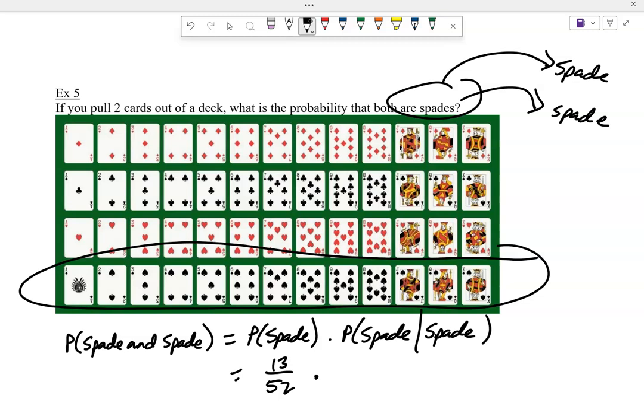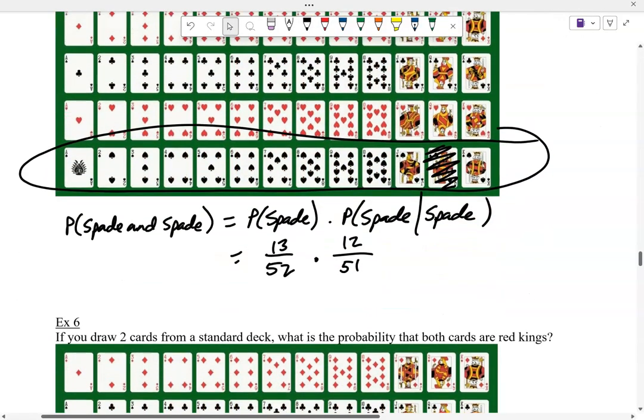All right, I pulled one out. Let's say we pulled out the queen of spades right there, gone. How many spades do we have left? 12 winners out of 51 cards left, right? We again did not replace it, without replacement.